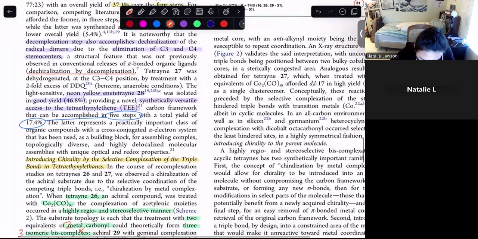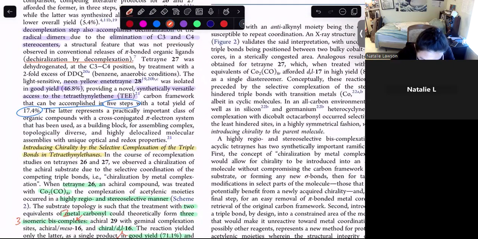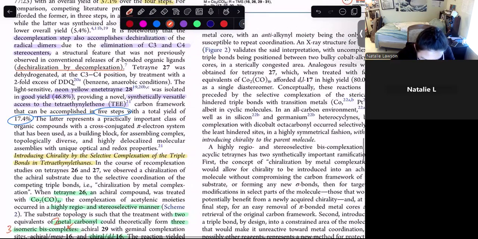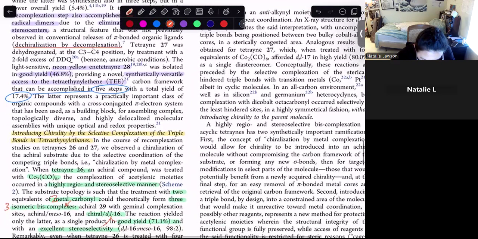Okay, so, a cyclic substrate. When tetraene 26 was treated with cobalt, complexation of the symmetrical substrate topology, two equivalents could form three isomeric bis complexes.